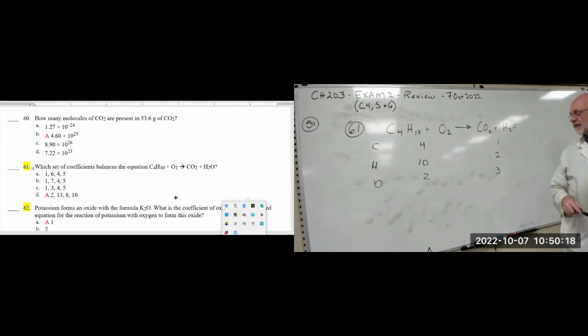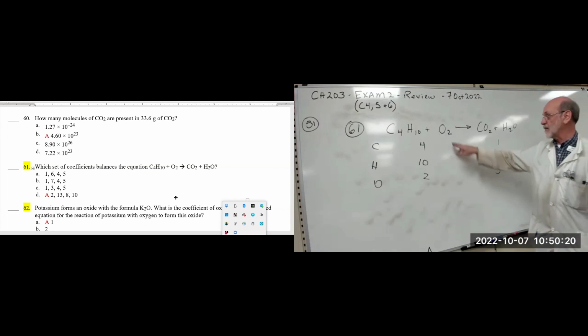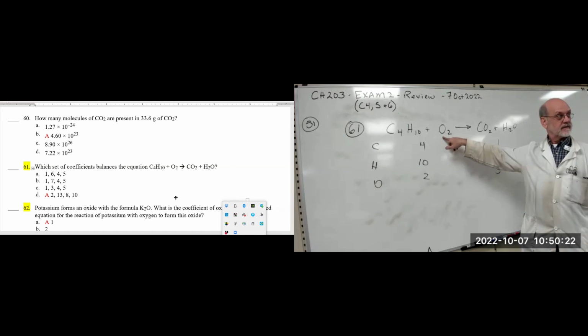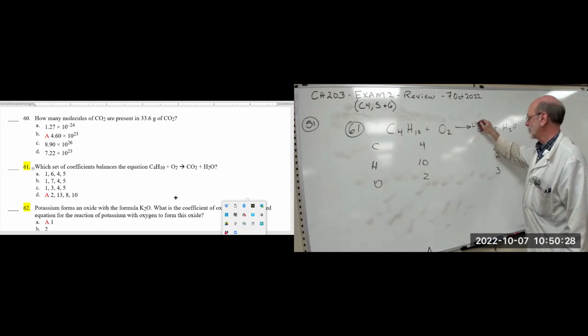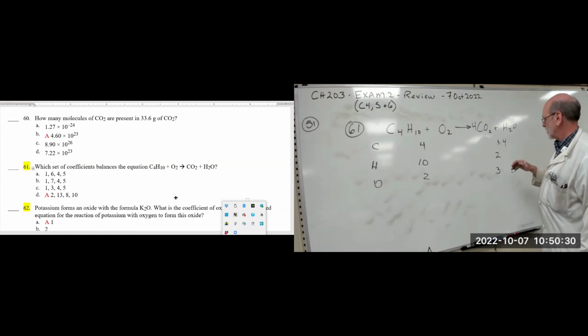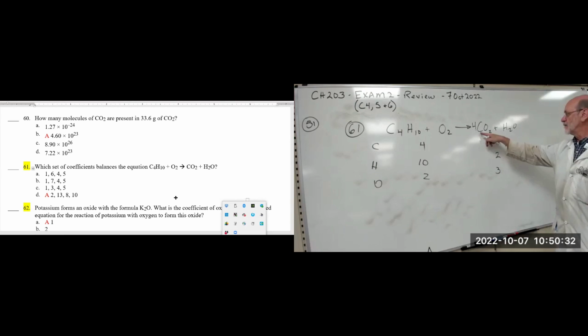Odd, even. So we're going to leave oxygen alone anyway because it's an element. So let's just start at the top. We need 4 carbons, right? That changes our oxygen mix. 4 plus 1 is 5. That's even worse. Now we got 2 prime numbers. Well, we had 2 prime numbers before.